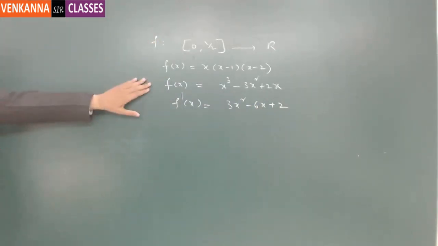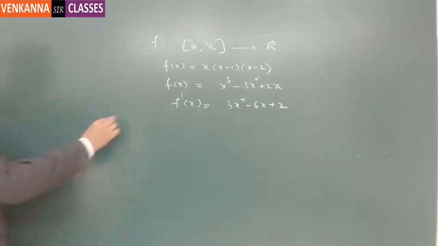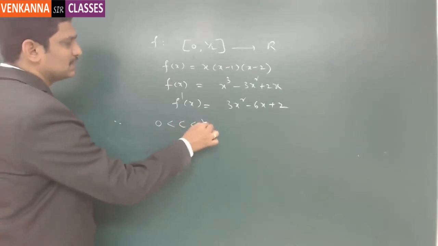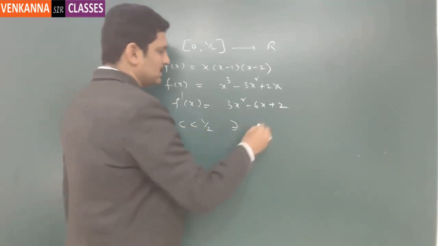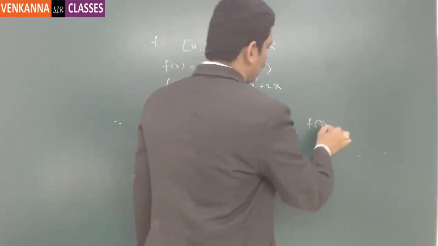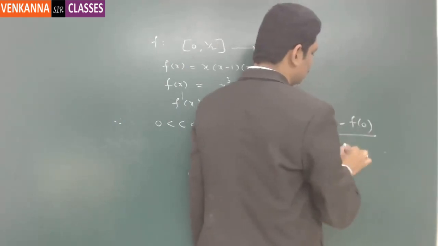So f is continuous as well as differentiable on the given interval. Hence, f satisfies Lagrange's mean value theorem. Therefore, there exists c lying between 0 and 1/2 such that f'(c) = (f(1/2) - f(0))/(1/2 - 0).